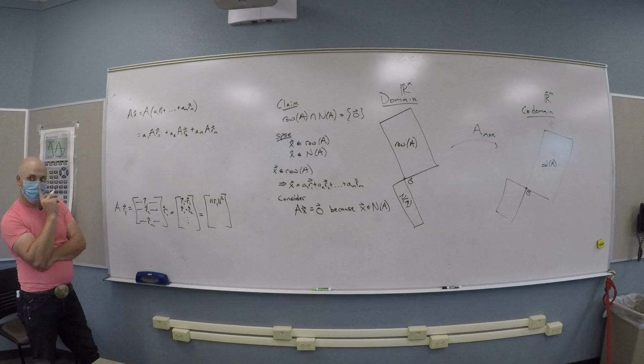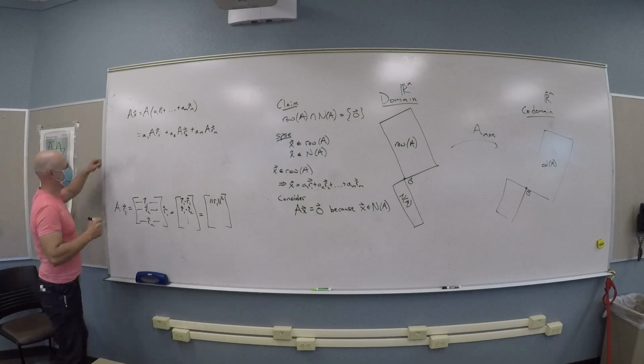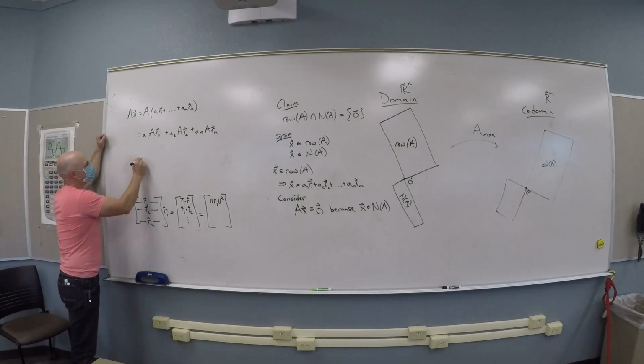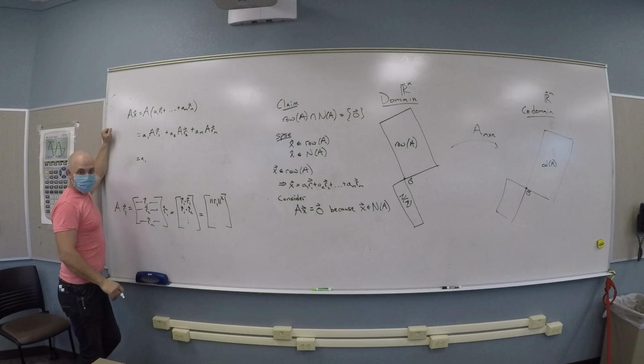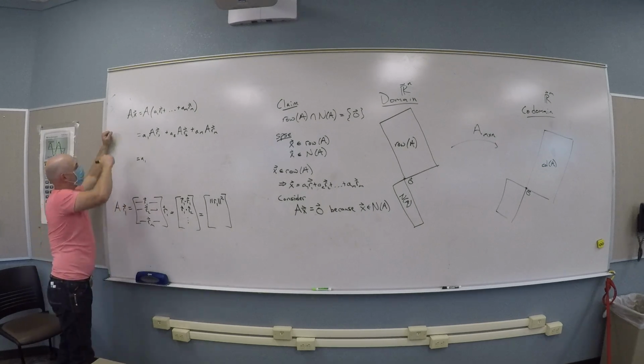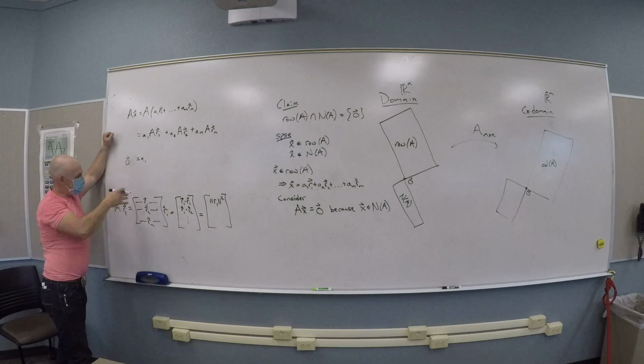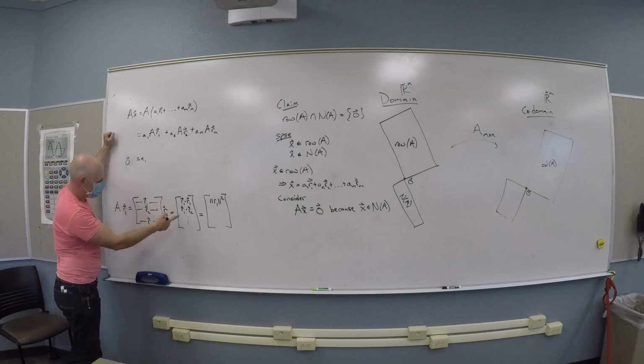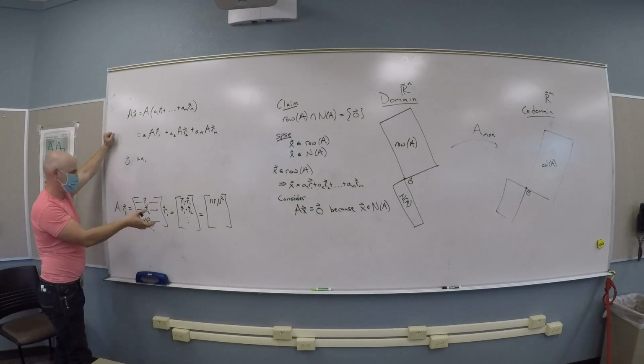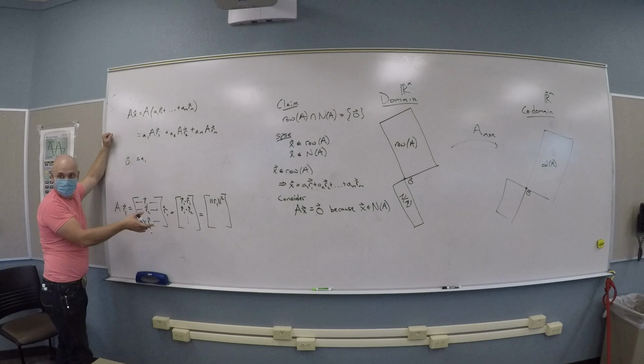I want to hear your concern. Okay, so my concern is I've got all these A's, right? And I know that AX should be the 0 vector. So I've got this whole mishmash of rows.